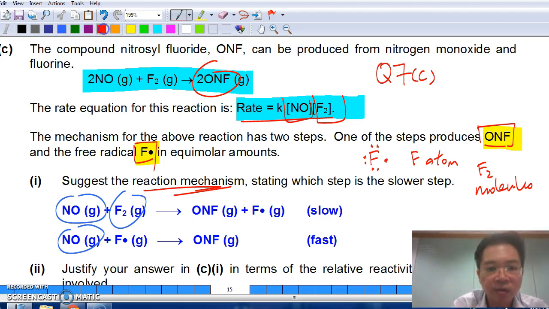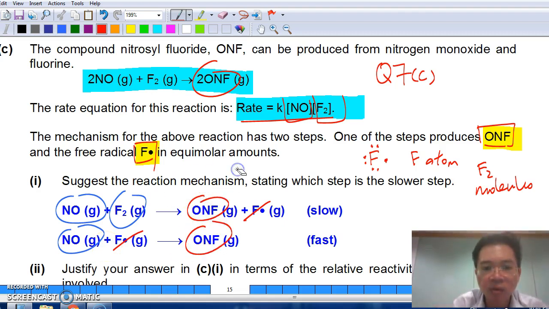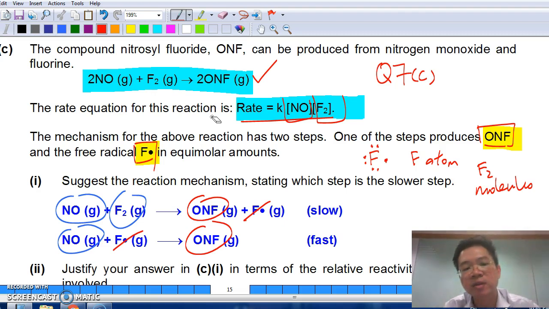My F dot is an intermediate, produced and reacted, and in my product I want 2 ONF. So it fulfills my overall equation. Therefore, these two steps are reasonable steps in the mechanism. And step 1 is the slow step.